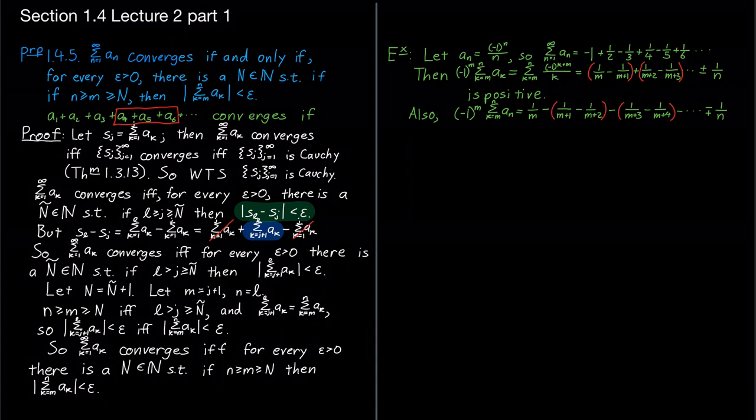So we see that everything except the very first 1 over m term is negative. So the whole thing is less than or equal to, I'm going to put a less than or equal to just to allow the case where m is equal to n, 1 over m.